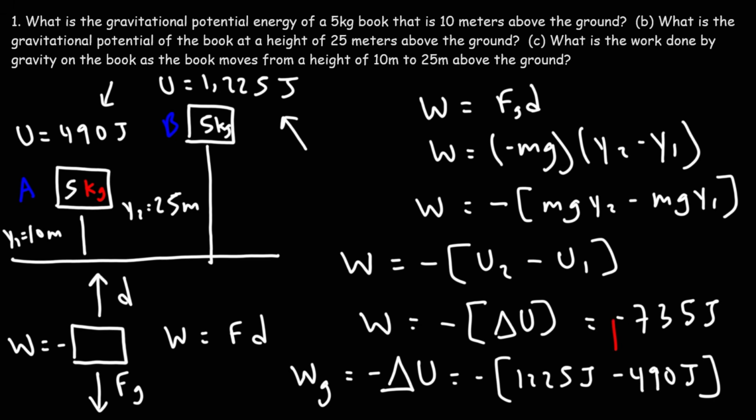So that is the work done by gravity as we move the book from a height of 10 meters to a height of 25 meters. So anytime the force and the displacement vectors are opposite to each other, the work done by that force on the object is going to be negative.